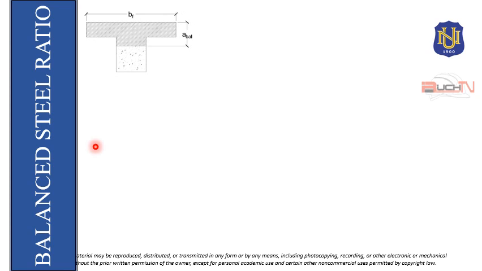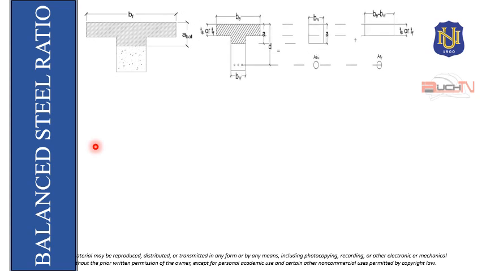Yung sunod nating method for the computation ng balance steel ratio kapag na-prove natin na T-beam analysis siya is madi-derive natin from method 2. So, hinati natin siya. So, meron kang A_sw for the web. Tapos, meron kang A_sf for the flange.